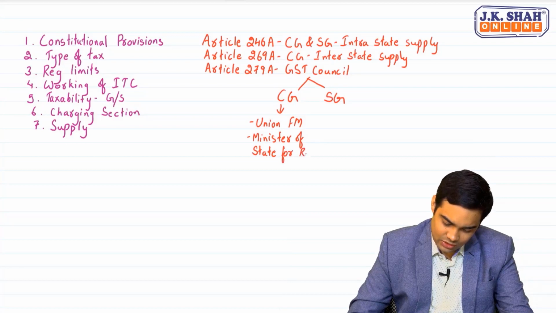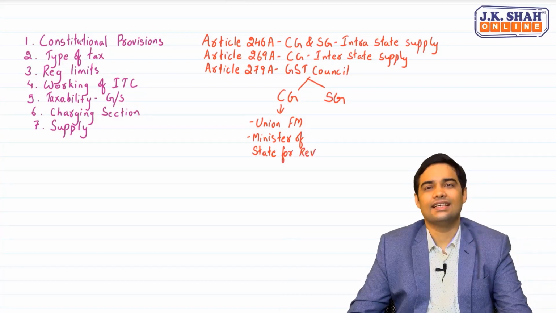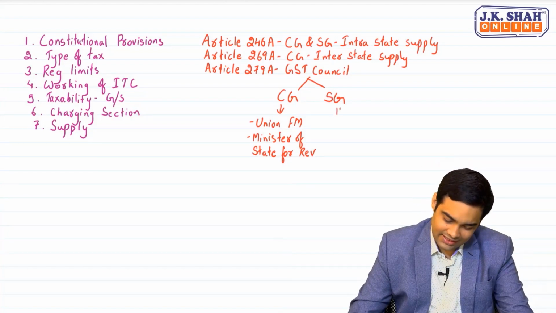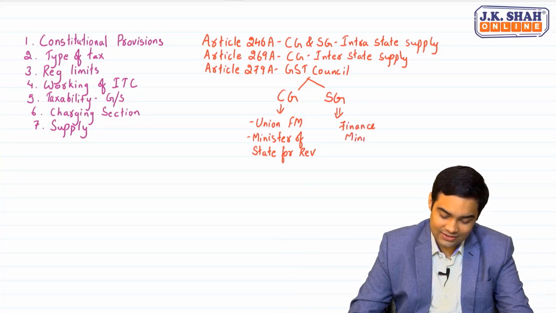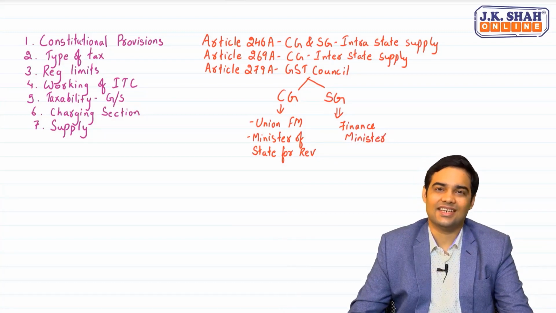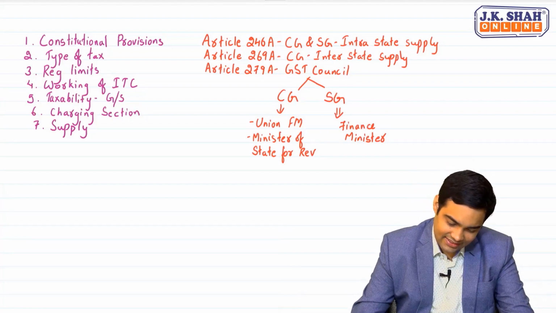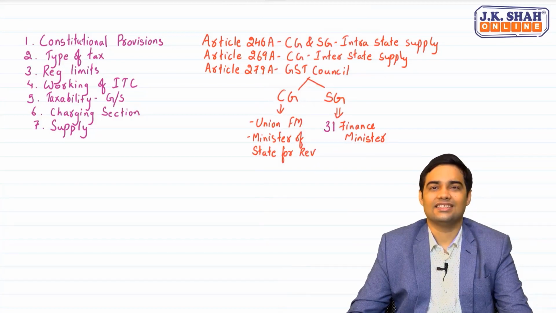So these two represent central government in the GST Council, while state government are represented by their finance ministers. Now the question arises as to how many finance ministers of state are there in the GST Council. Let me tell you, there are totally 31 state finance ministers in GST Council.